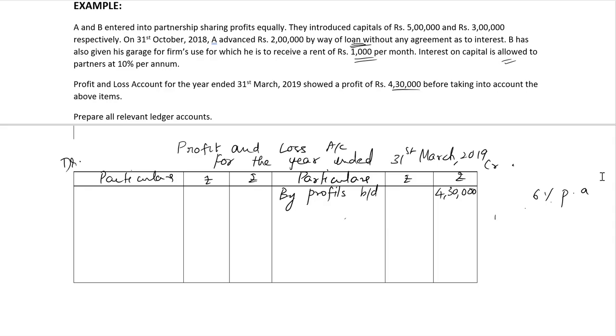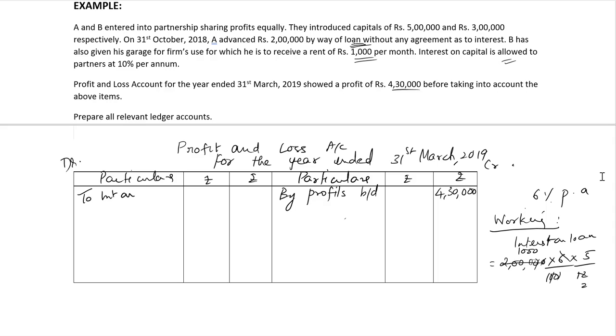So for the working of interest on loan, the principal amount, which is 2 lakh, into 6 by 100, into 5 by 12. So to interest on loan to A, rupees 5,000.